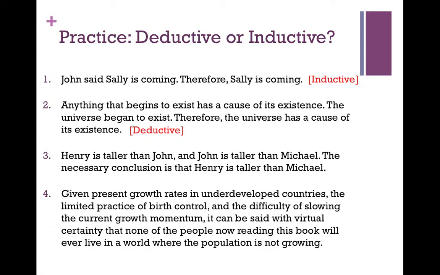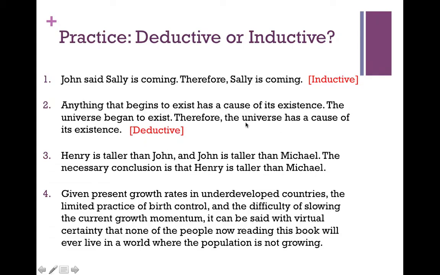Now, some of you might be like, well, how do we know the universe began to exist? Do we actually know that? Does not matter. Like I said before, what distinguishes deductive and inductive is not about the actual truth of the premises. Rather, it's about the relationship between the premises and the conclusion. Notice here also that in this argument, the concepts in the conclusion are completely contained within the premises.